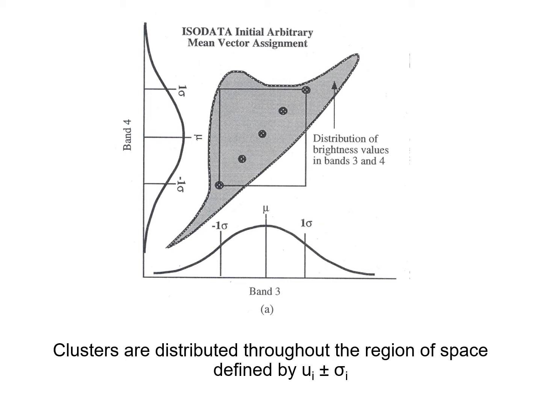So you can imagine that you had a table, and on the top of the table you'd have bands 1 through whatever n, and on the y-axis, the rows of the table, you would have class 1, class 2, class 3, and you would fill in, for class 1, the value for band 1 would be -1 standard deviation below the mean value for band 1, and it would be the same for bands 2, 3, 4, 5.